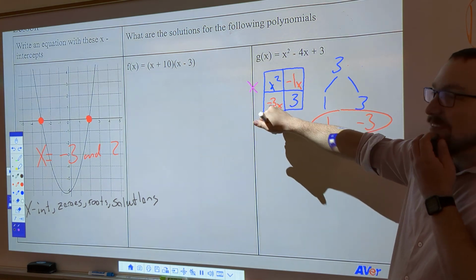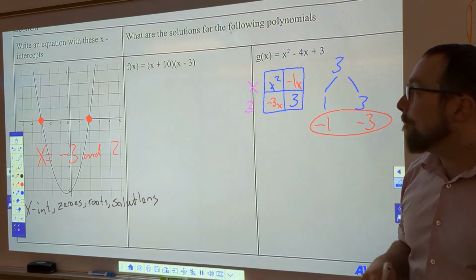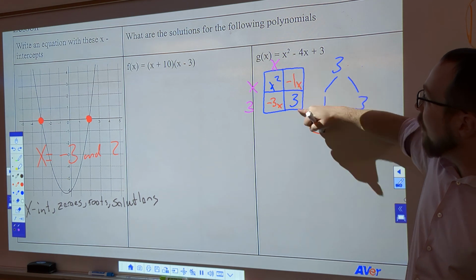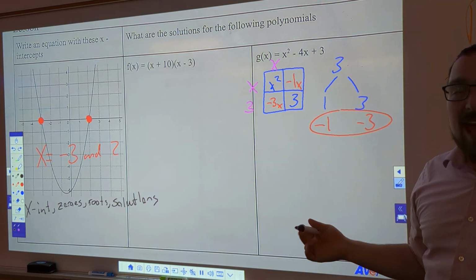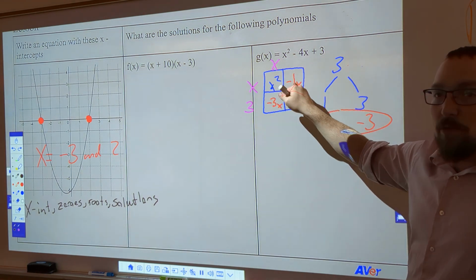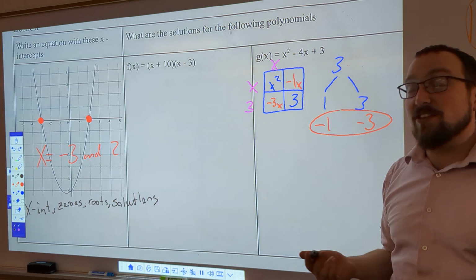Actually, we see that this one's negative, but we'll deal with that in a second. Let's just say we pull out 3. Over here, still they only have an x in common, and over here, they don't really have anything in common, and we have to pull something out. So earlier, they had x and 1 in common, and we pulled out x. In this one, they don't have anything in common, so let's just pull out 1.